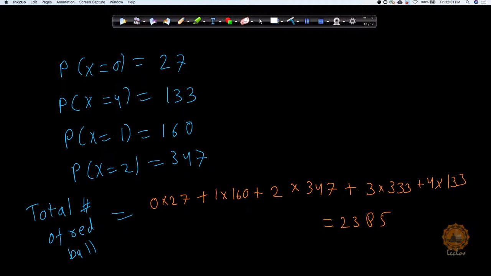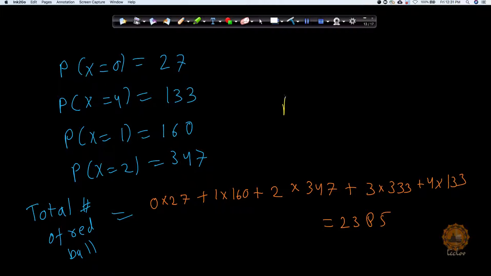So now what we can do is compute this. Basically, what we now want is to compute the total number of red balls in this case. In order to get the total number of red balls, we can say 0 multiplied by 27, because here I have 27 balls. Similarly, 1 into 160, right? 2 into 347, the 1 is missing here.